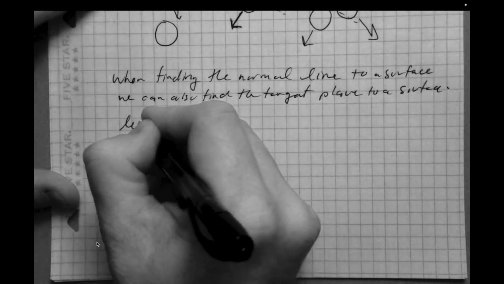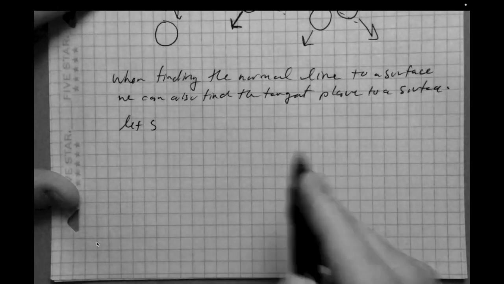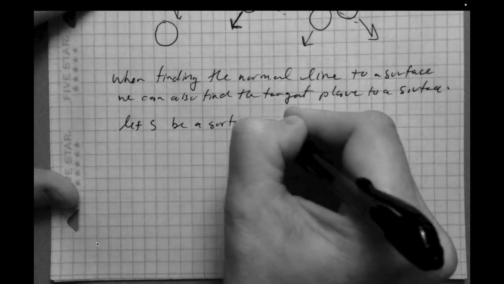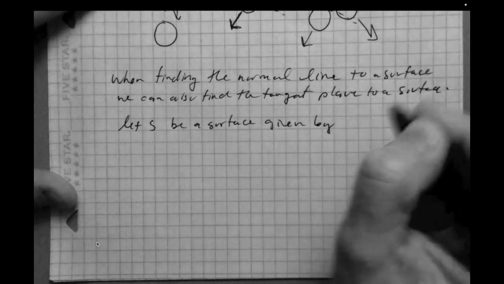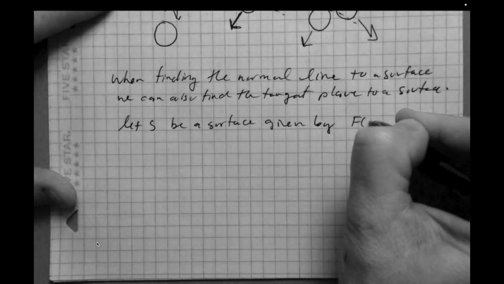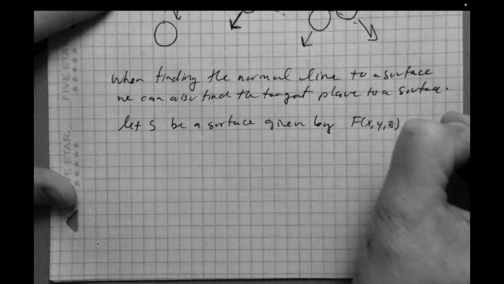So let's let S be a surface, and specifically a surface given by the equation f of x, y, z equals 0.